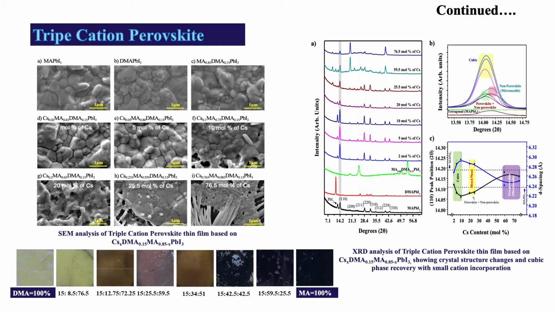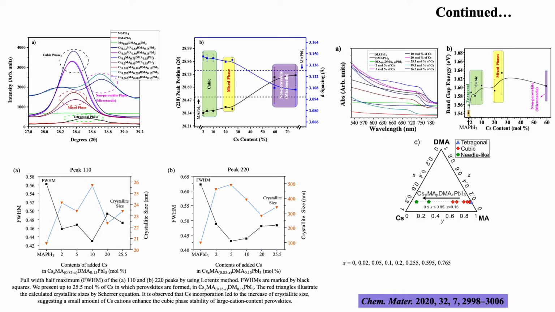Also, we analyze the other peak, which is around 28.2 and 28.4. We noticed that the same trend was observed as for the 14.2 of 2 theta of the XRD. And also we plotted the d-spacing at that degree of 2 theta against the cesium content, and we notice the same trends as I mentioned.